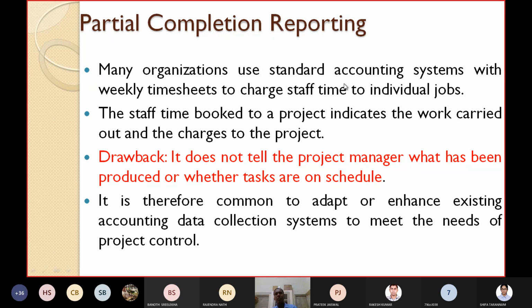Since the standard accounting systems, while computing the staff times, have drawbacks because they do not give information about what has been done, what item has been produced, or whether the tasks are on schedule, there is a need to adopt or enhance these existing accounting systems to overcome these drawbacks.